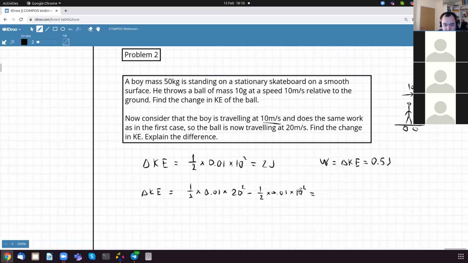So it's 400 minus 100. So it's 300. 3 over 2 is 1.5 joules. 1.5 joules. So what's going on?